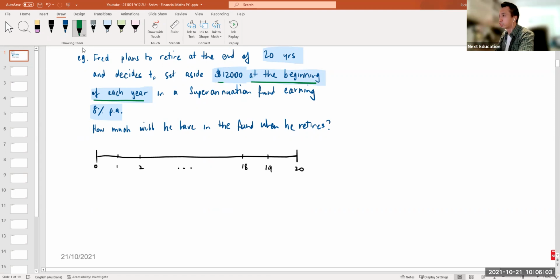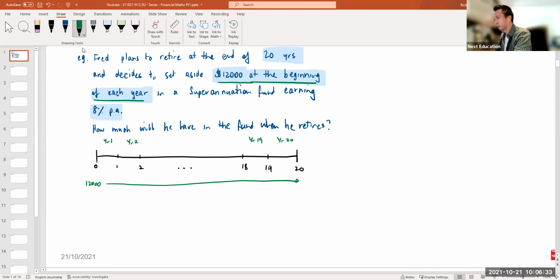So it sets aside $12,000. So I'm going to say, this is almost at the beginning, year 1, this is year 2, and obviously this is year 20, year 19. So at the beginning of year 1, at this point, he puts in 12,000, right? And the way I'm going to depict it for you is that this $12,000 stays in the fund and gets compound interest for 20 years, right?